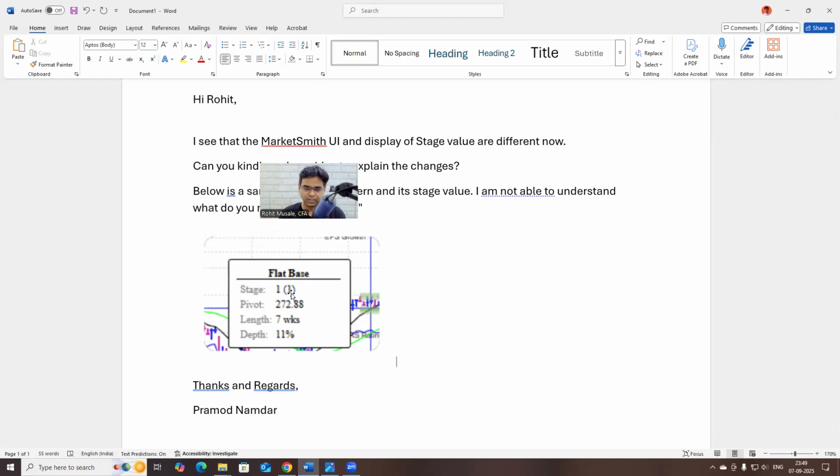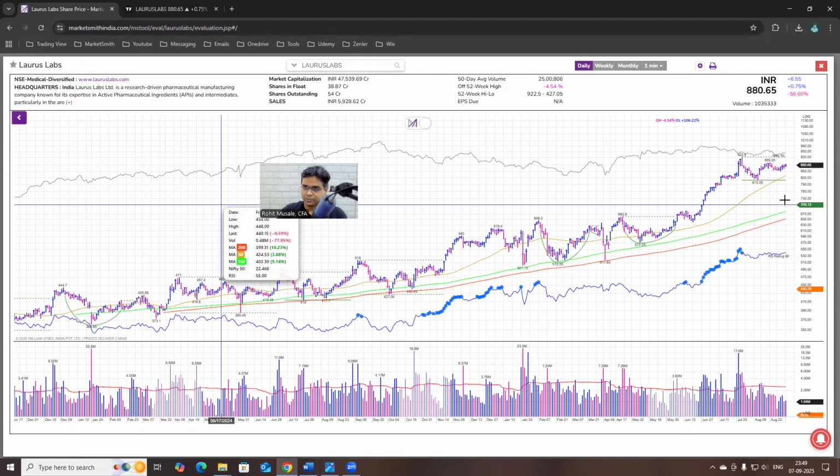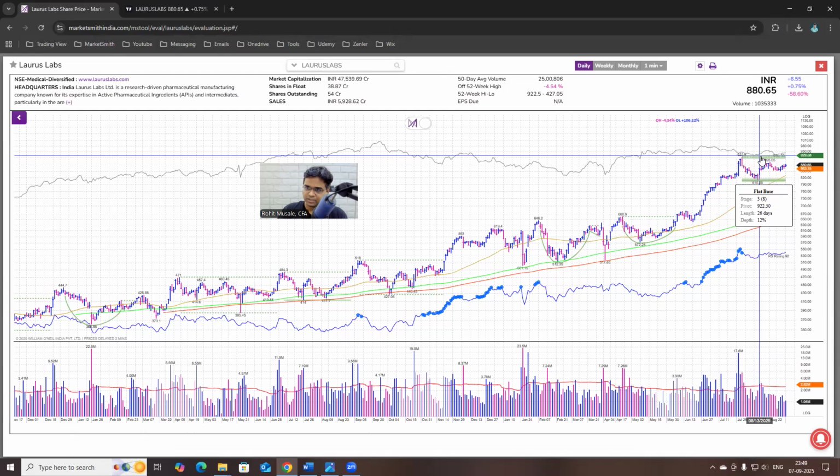So for example, let's go to Laurus Labs. Here it says stage 3 bracket 8. So 8 is the count of the base. Okay. Ever since the stock began its up move.